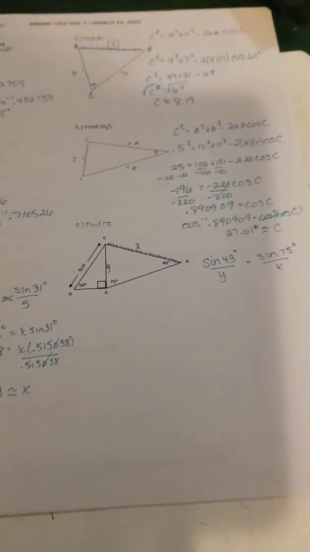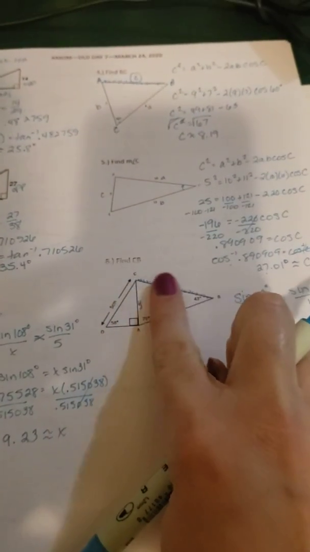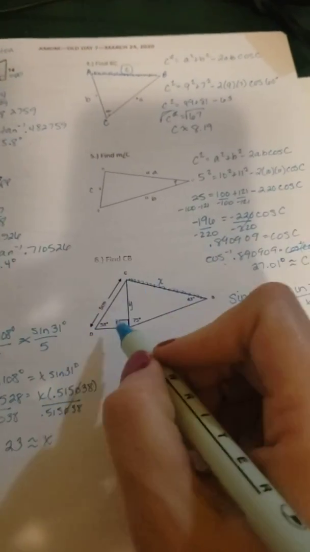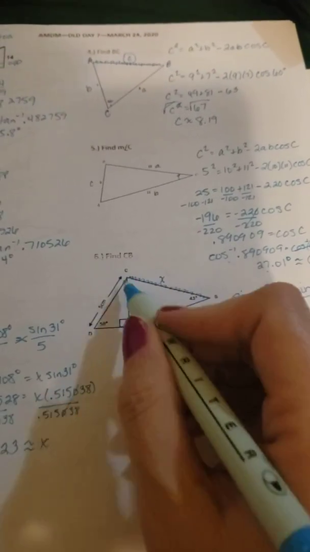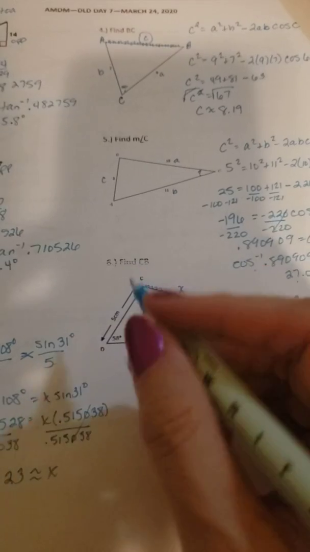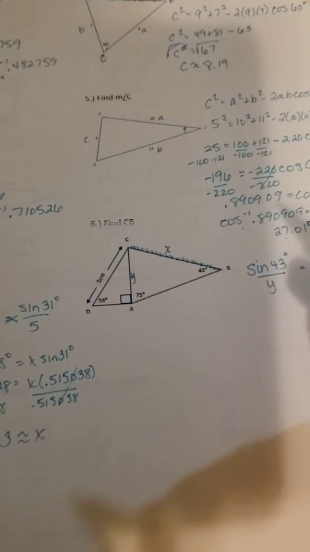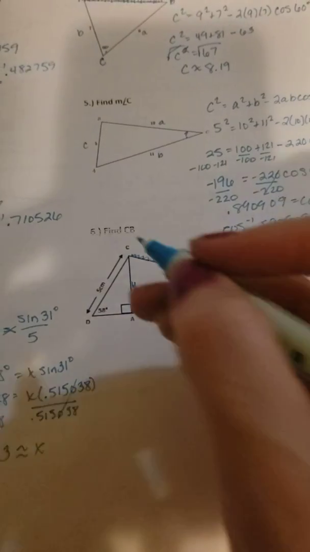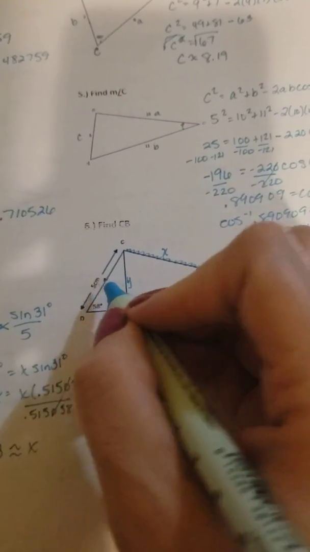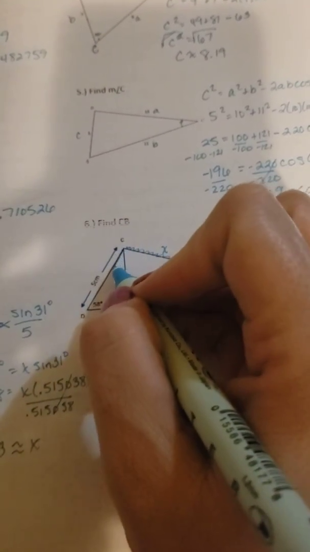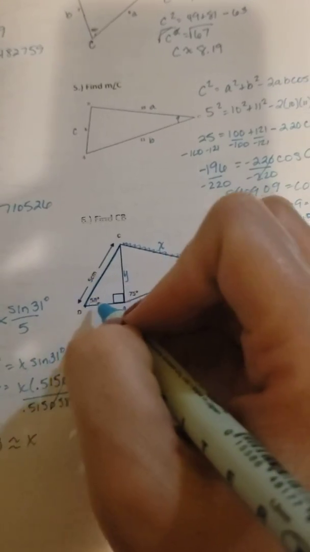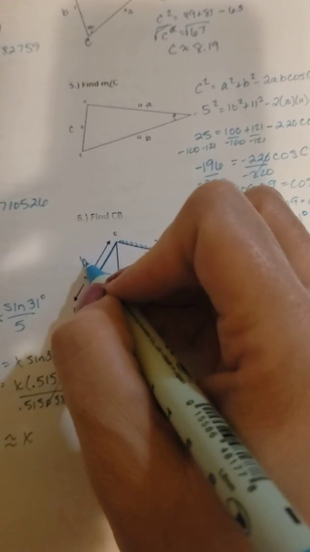Okay, so we've got some things to figure out. So I'm going to ignore this triangle for a minute, and I'm going to focus on this one because there's a lot of measurements in this triangle. And I notice also that it's a right triangle, so I can use my trig functions. I see that I have the hypotenuse of this triangle. I have a 58-degree angle.